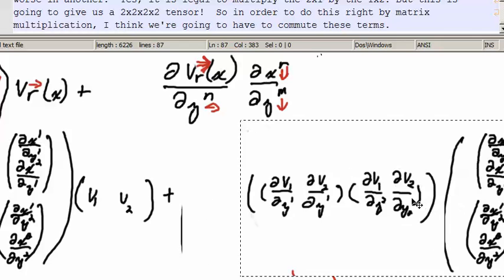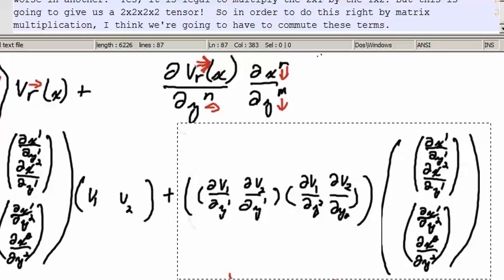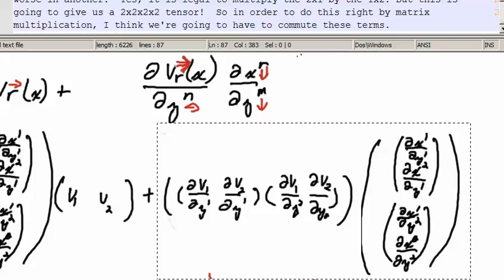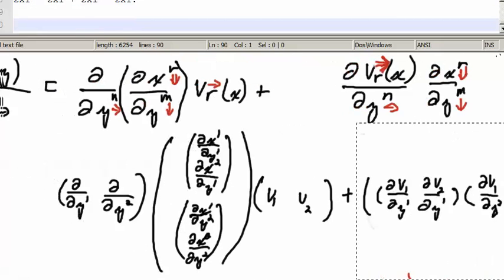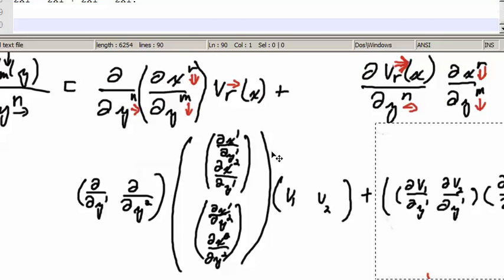bringing this back, and now we would have the sum 2 by 1 times 2 by 1 plus a 2 by 1 times 2 by 1. So let's just confirm whether this one is going to give us a 2 by 2 matrix.